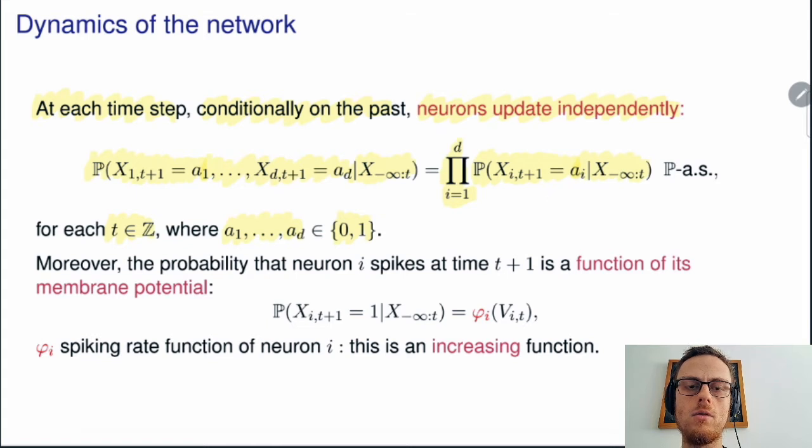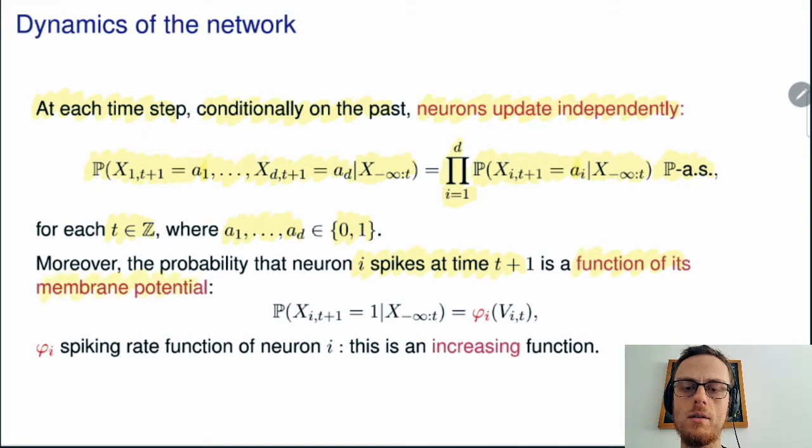Since these conditional probabilities are random variables, we ask this identity to hold P-almost surely. Moreover, the probability that neuron i spikes at time t+1 is a function of its membrane potential.